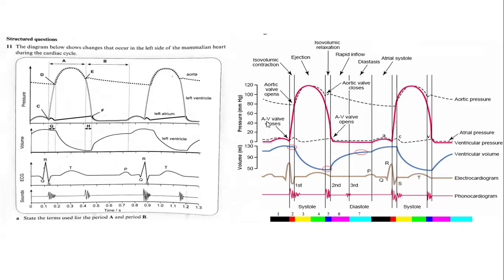That's the atrioventricular valve. Now, the atrioventricular valve is just the mitral valve. So you have the aortic valve and you have the atrioventricular valve. The atrioventricular valve on the left-hand side is just the mitral valve or the bicuspid valve.